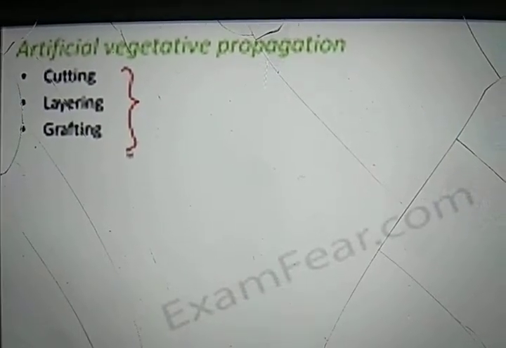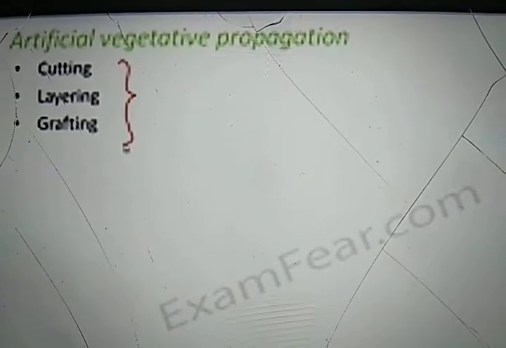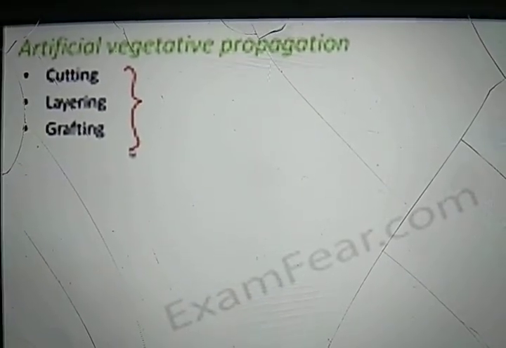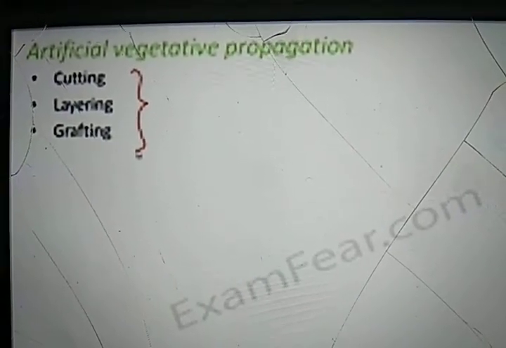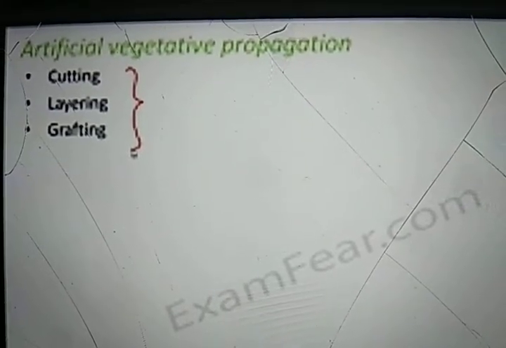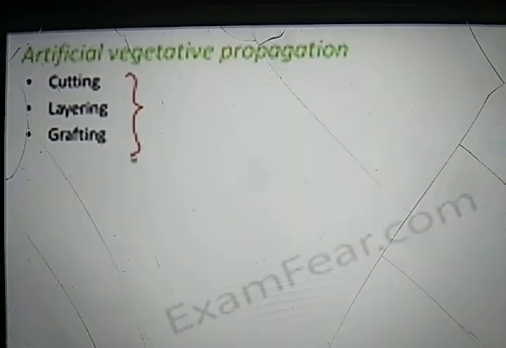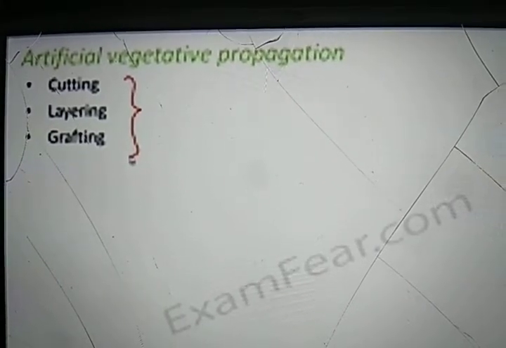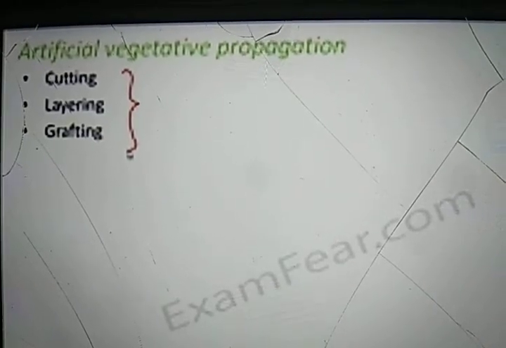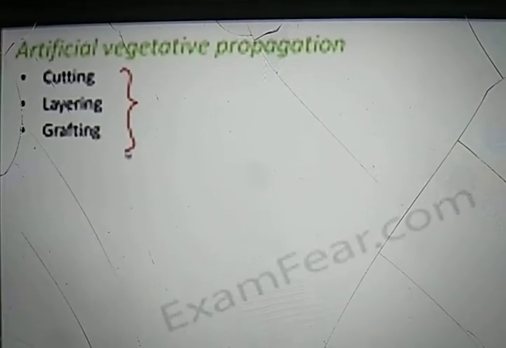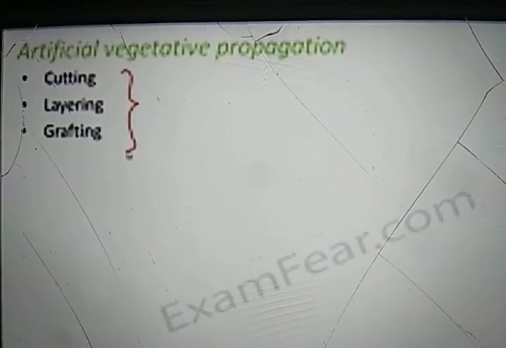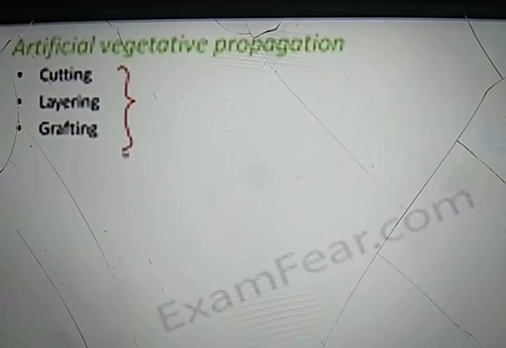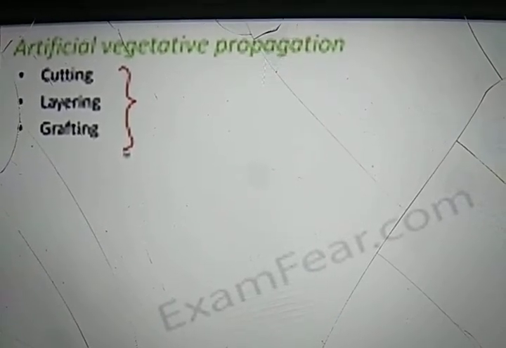By natural vegetative propagation it is not possible, because it is something which you wish for, but natural vegetative propagation works by itself. But with artificial vegetative propagation you can actually do this. You can take some part of the yellow rose plant and some part of the red rose plant, and then combine them to form a new plant which is partially yellow and partially red in color. So that is artificial vegetative propagation. It is under our control, and we can decide the characteristics of a new plant.